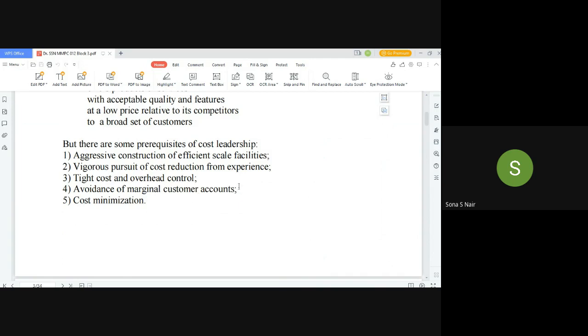They also should avoid marginal customer accounts. Why? Because marginal customers would mean people who are slightly different in needs, and then the organization will have to cater to them, and they would not be satisfied because they are not getting advanced features which they might possibly be wanting. Cost minimization, obviously: overall cost leadership is all about reduction of cost and maintenance of a basic level of quality.